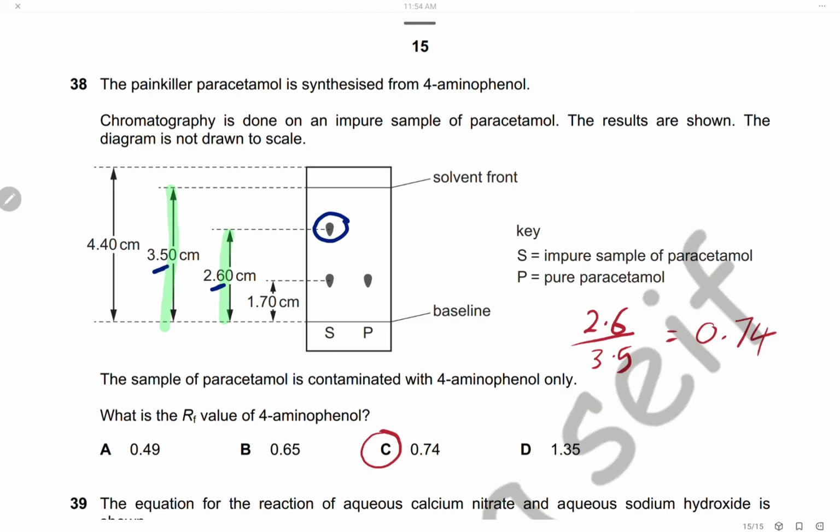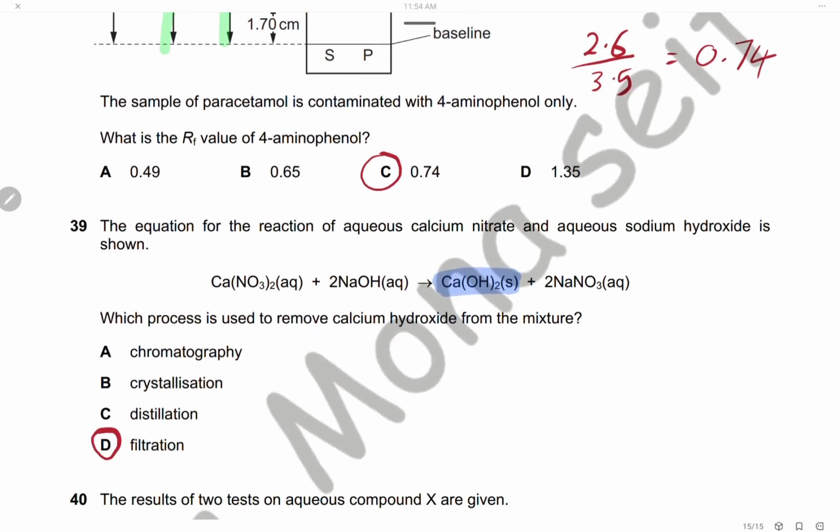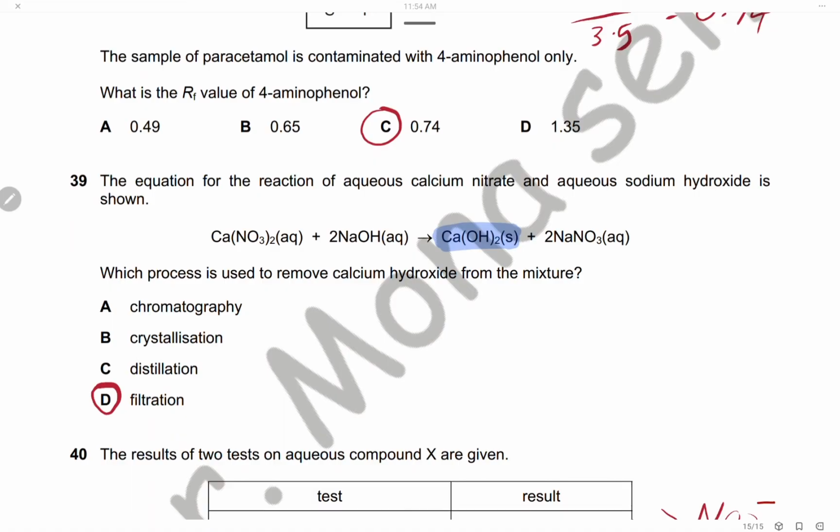So the Rf for the aminophenol is 2.6 divided by 3.5, which is 0.74, and the answer is C. Question 39. The equation for the reaction of aqueous calcium nitrate and aqueous sodium hydroxide is shown. Which process is used to remove calcium hydroxide from the mixture? As we can see, calcium hydroxide is solid, so it's an insoluble precipitate, so it can be removed by filtration, and the answer is D.